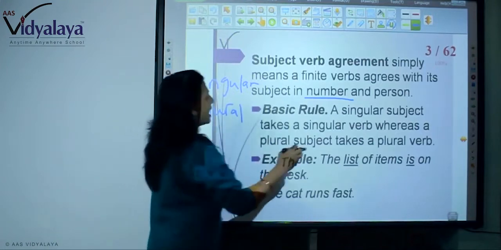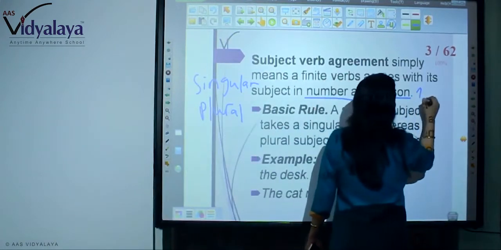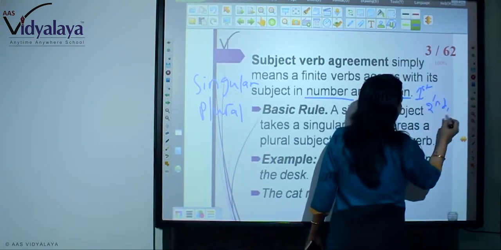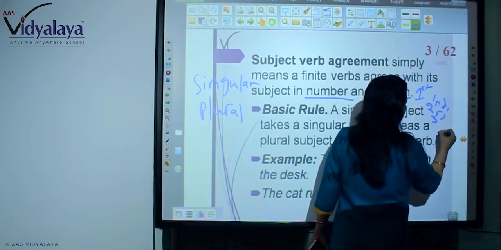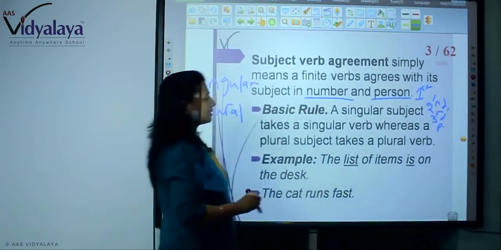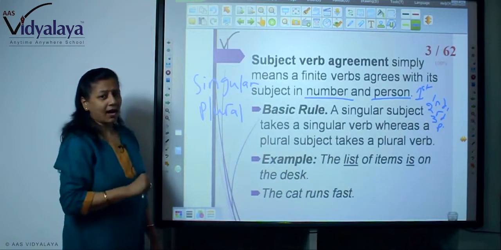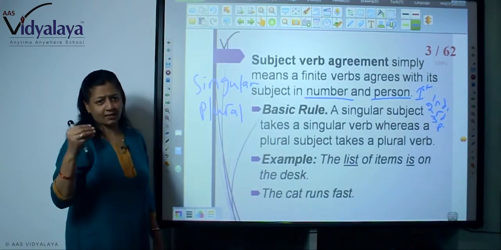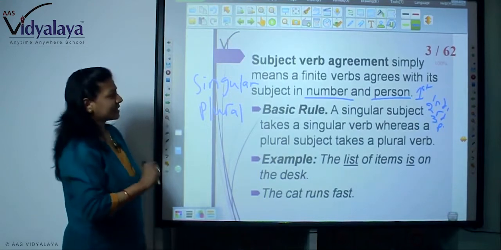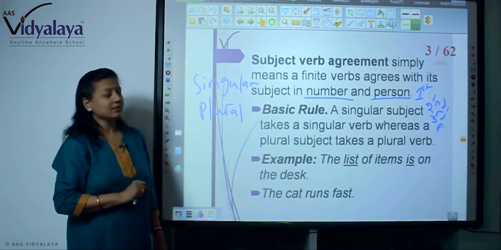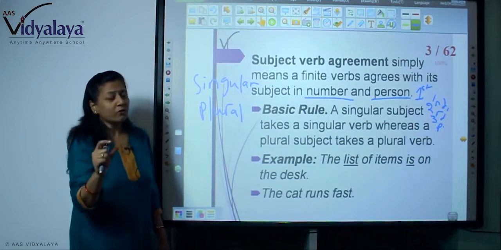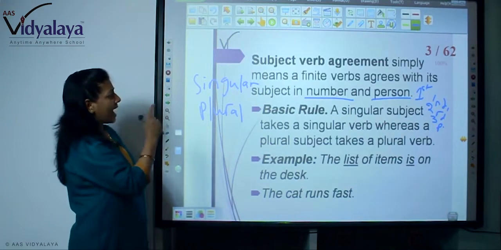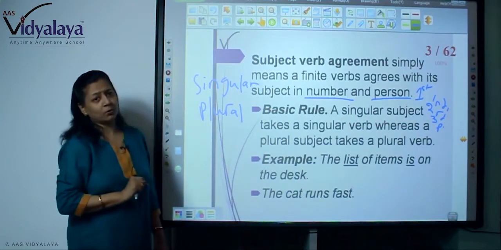As you know, and person: first person, second person, and third person. First person I, second person you, and third person he, she, they, like this. In the same way, we need to understand what your verb will be according to the subject. Subjects are all persons, and the numbers are singular and plural.